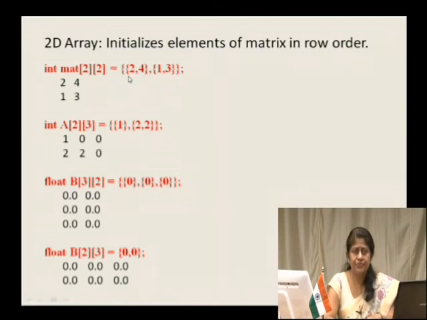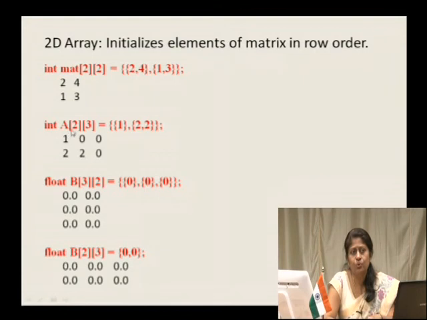In the last session, we had already discussed that if we include these braces, it always represents the corresponding rows. So, here this would become the first row and this would become the second row. So, this would be our matrix form.